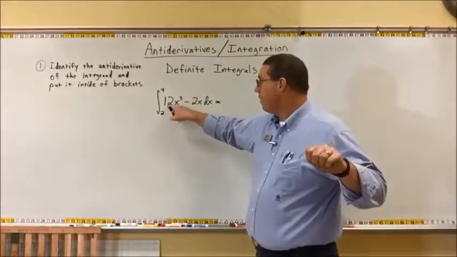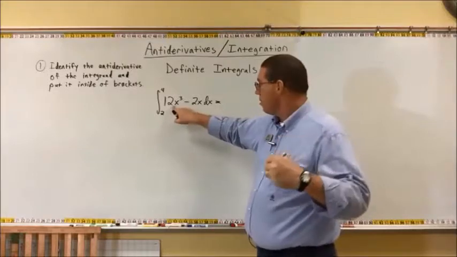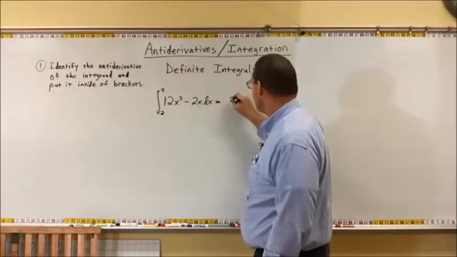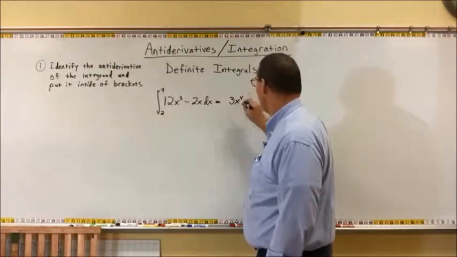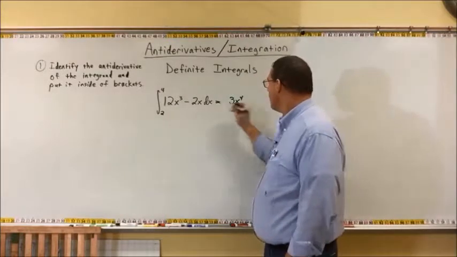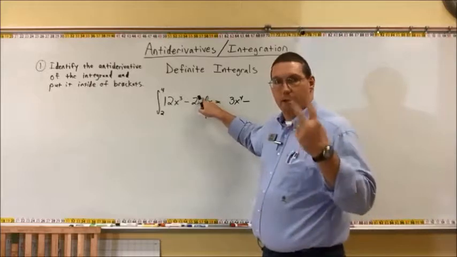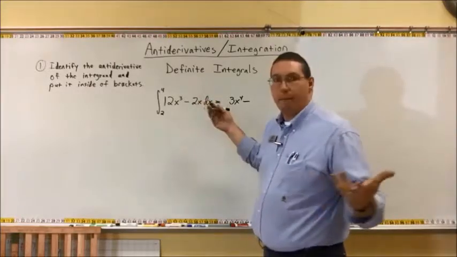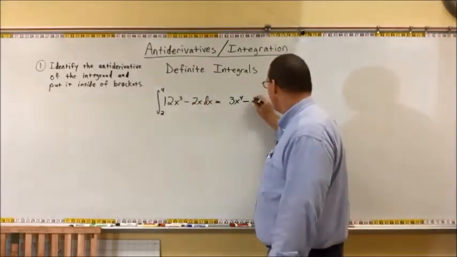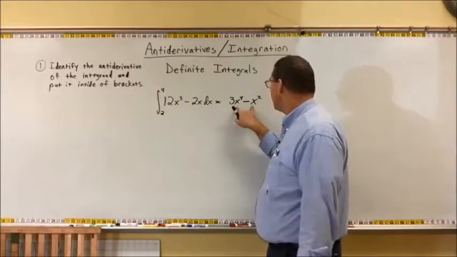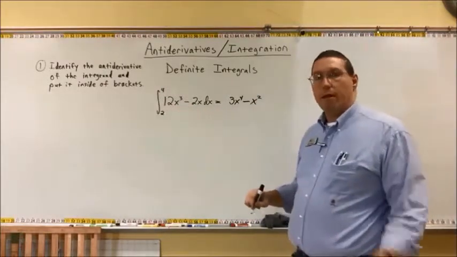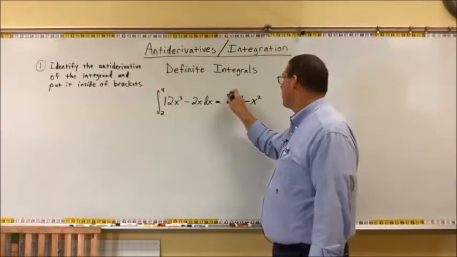Then we're going to divide by 4. 12 divided by 4 is 3. So the antiderivative of this piece is 3x to the fourth power minus the antiderivative of 2x. Power up, that's going to be x squared. Divide by 2. 2 divided by 2 is 1. So it's just x squared. This is the antiderivative of this. And so we're going to put it inside of brackets.